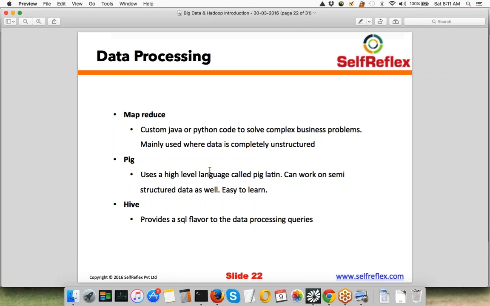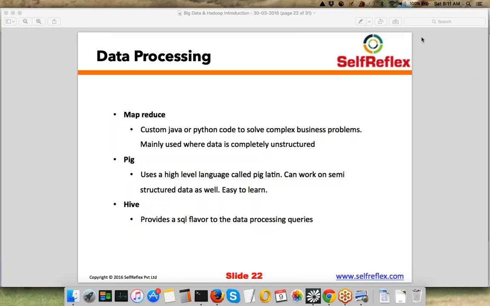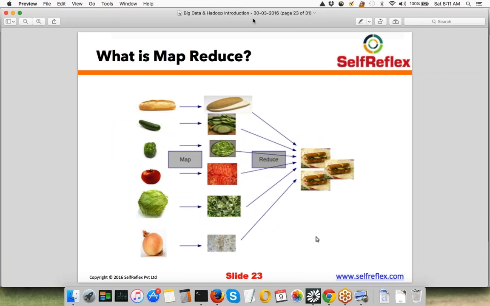Hive is more like SQL flavor to the data processing. It's not actually a database, but it gives a database flavor to the overall processing. You can write SQL queries which internally get converted into MapReduce jobs. But the topic for today's discussion is what exactly is MapReduce. So let's talk about what MapReduce is.